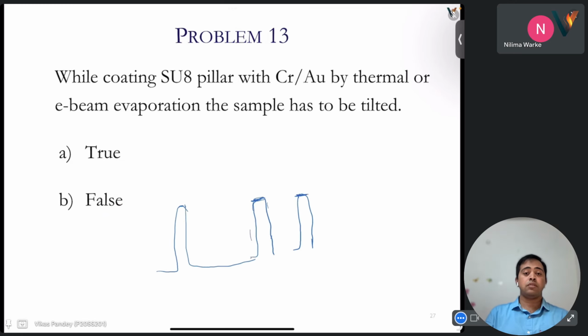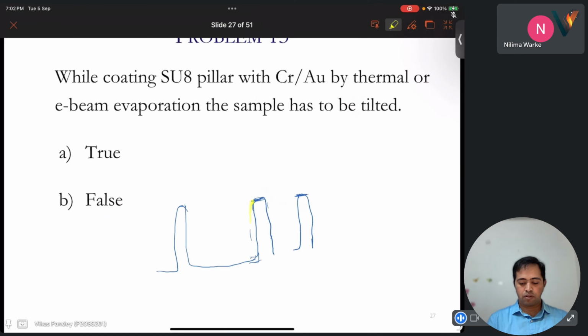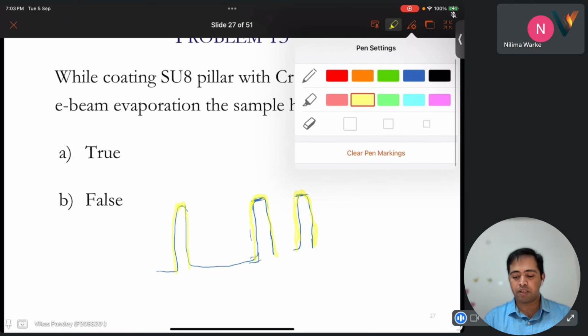So to do this, does the sample have to be tilted? You have to cover almost the whole area.